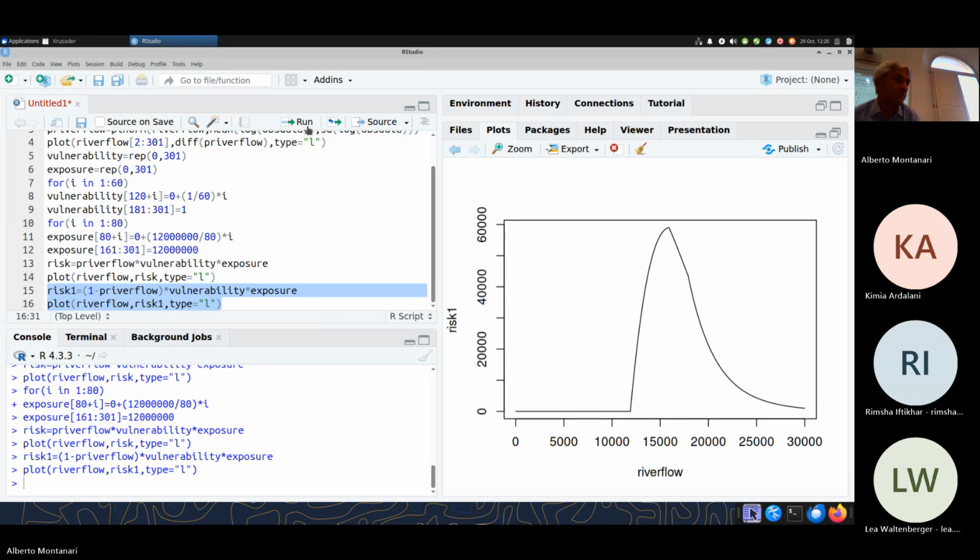Still, we have to reply to another question. Not another, the same question. What is the meaning of this estimated risk? So this more or less 5.5 million euros. What is the meaning?